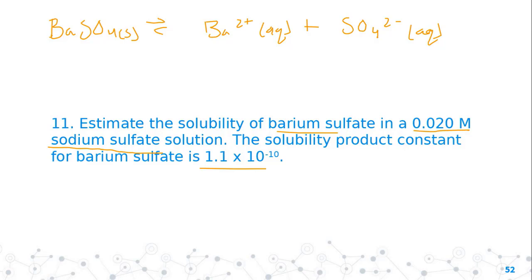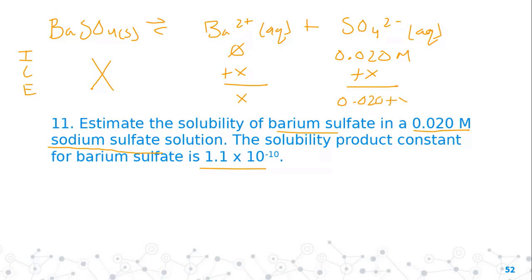The idea here, you could just do an ICE table. We ignore the solid, and we start off with 0 in the barium column, but we do have 0.020 molarity of sulfate because of the sodium sulfate solution that we're in. So we're going to add x, x, and 0.02 plus x.